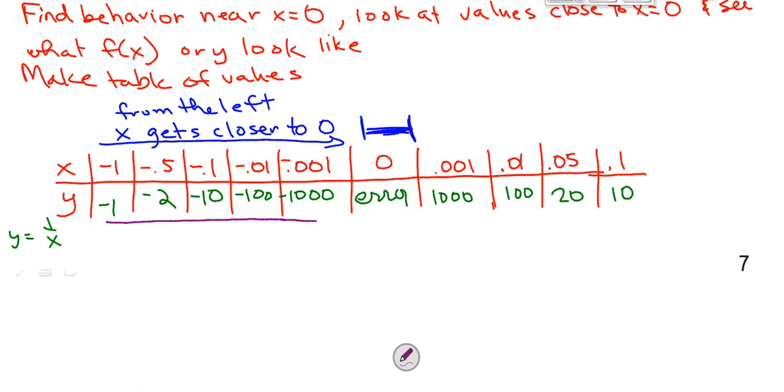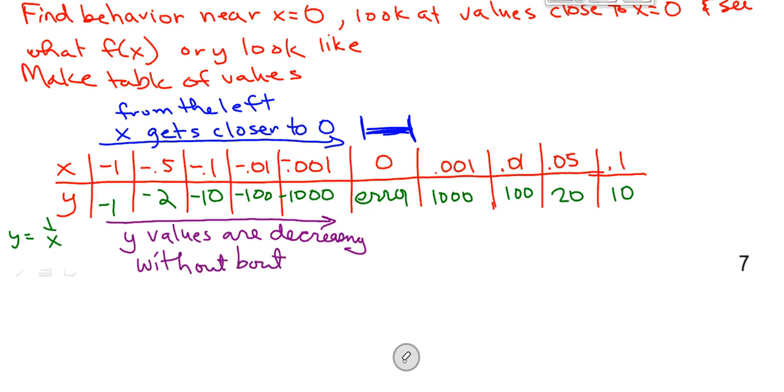So my y values are decreasing without bound, decreasing without bound. And so f of x goes to -infinity as we look at that. And then we'll talk about that in just a minute.